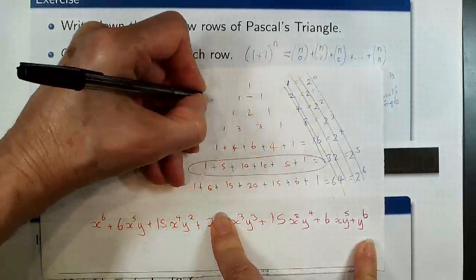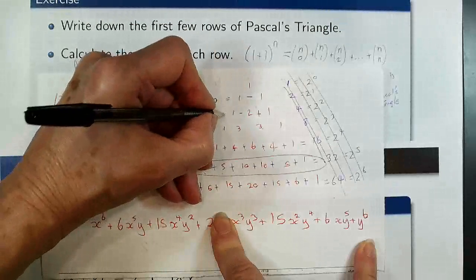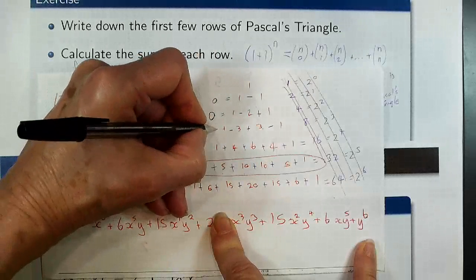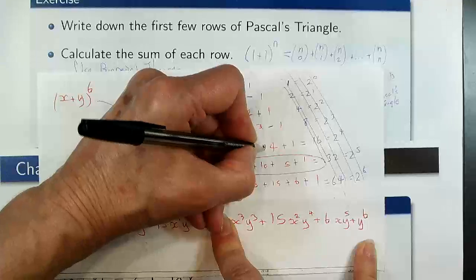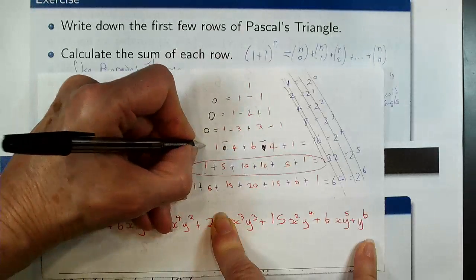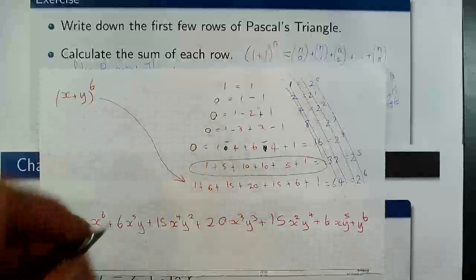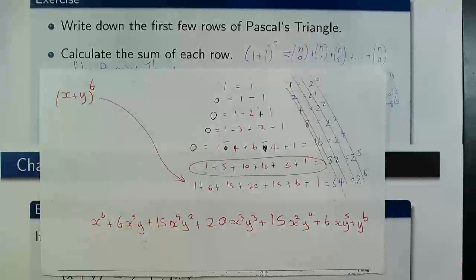And say 1 minus 1 is 0. 1 minus 2 plus 1 is 0. 1 minus 3 plus 3 minus 1 is 0. 1 minus 4 plus 6 minus 4 plus 1 is 0. Oh, the first one's different.